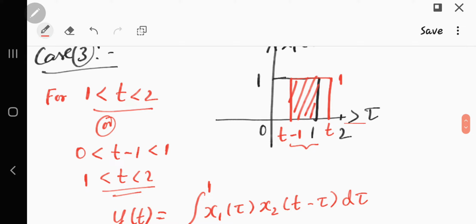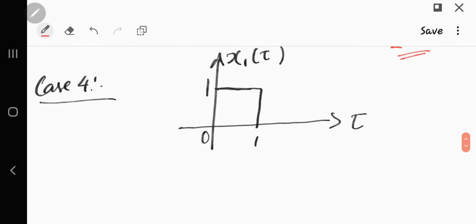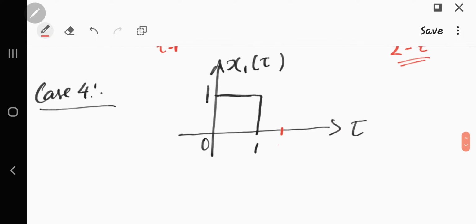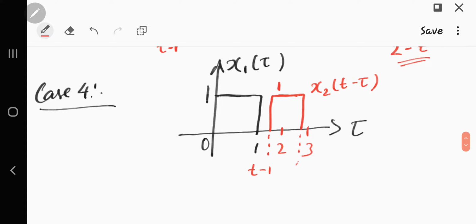So this t minus 1 will also move out here as I am shifting one division at a time. So if you move, keep this outside. So here the time index is 2, here it is 3. Now I have moved this signal, that is shifting one, x2 of t minus tau with amplitude 1 here. So this is t minus 1 and this is t. Now you can consider the limit in both the cases.